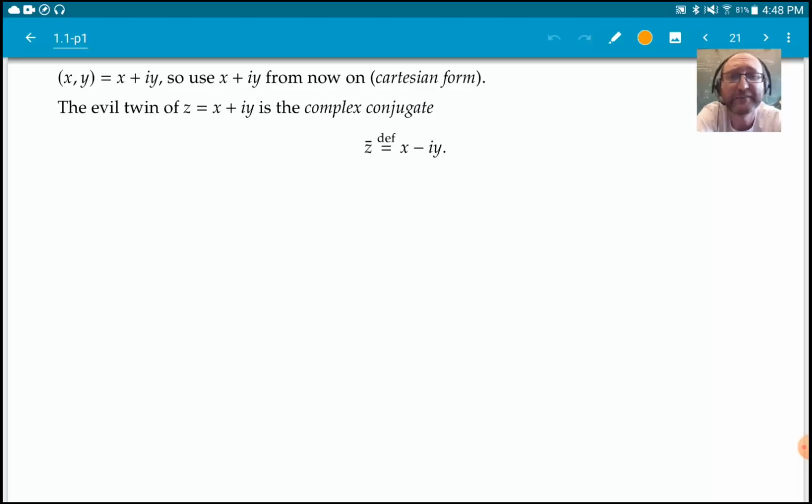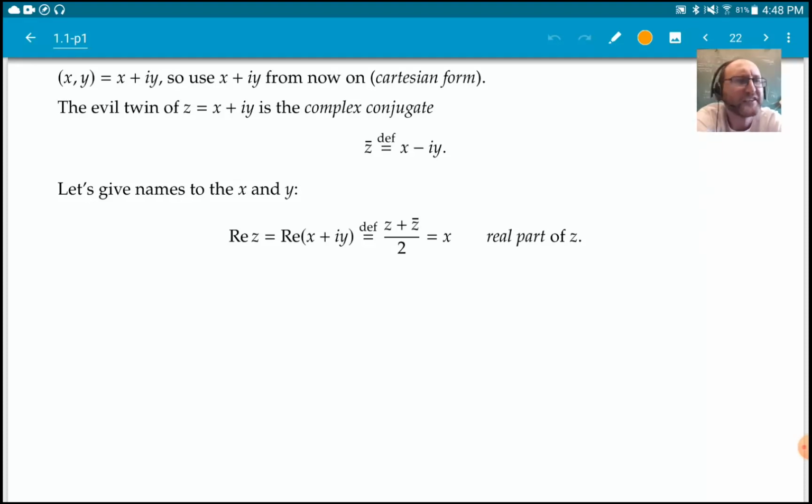But when we're in one, we can look at what it would look like if it was mirrored, and that's complex conjugation. So we basically swap the roots of that polynomial. If I have x plus iy, we get x minus iy. That's the complex conjugate.